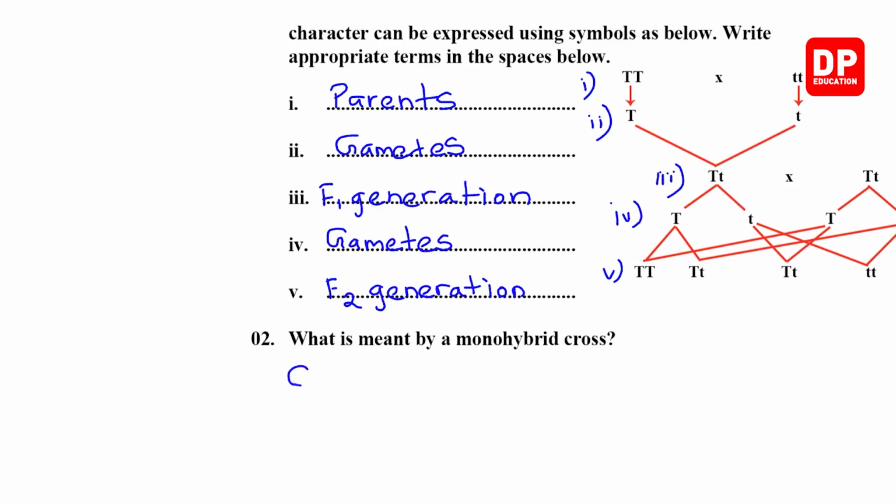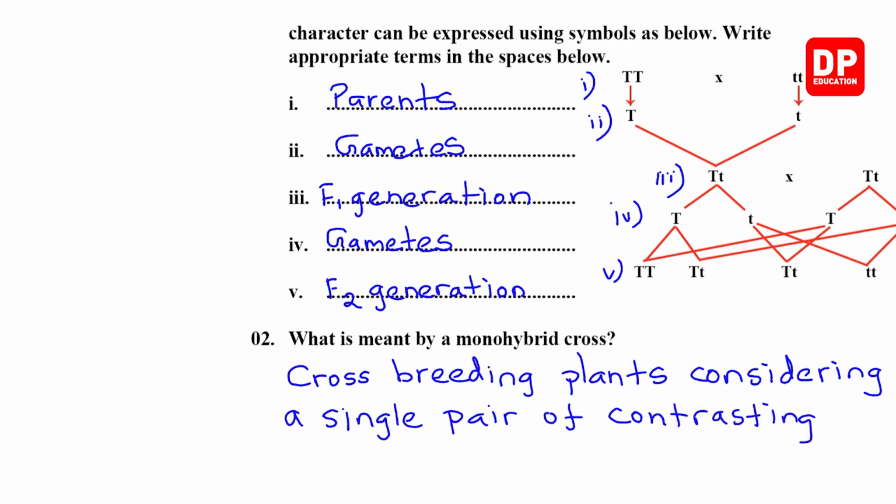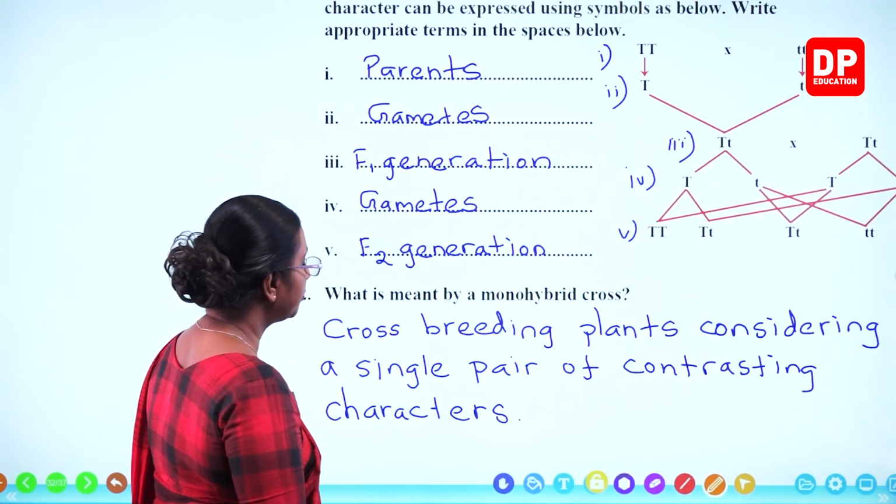So here we can say cross breeding plants considering a single pair of contrasting characters. So that is a monohybrid cross.